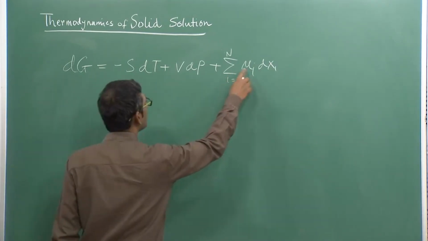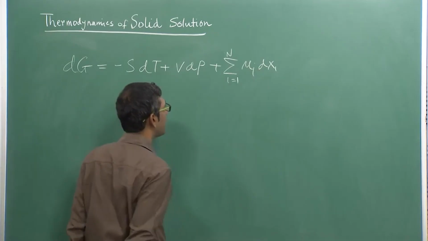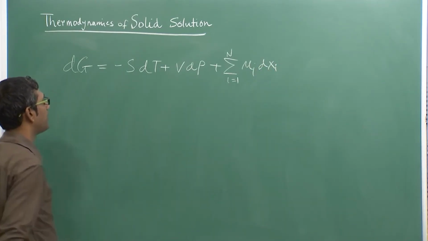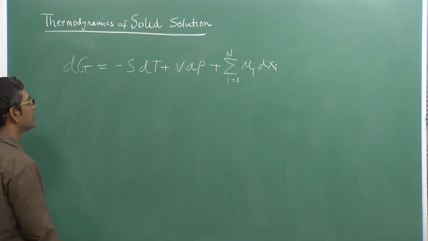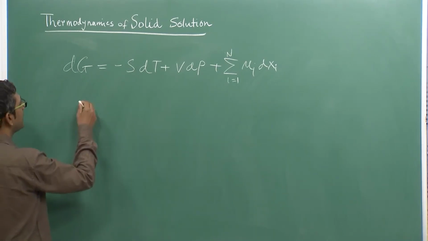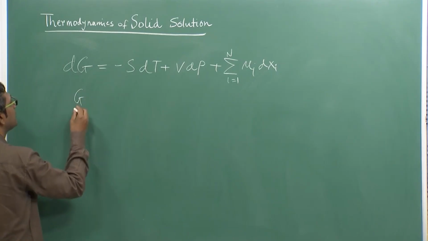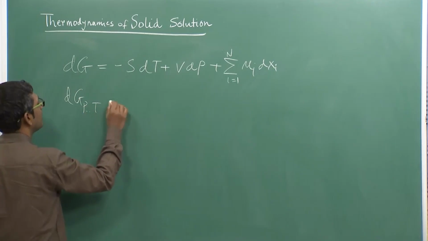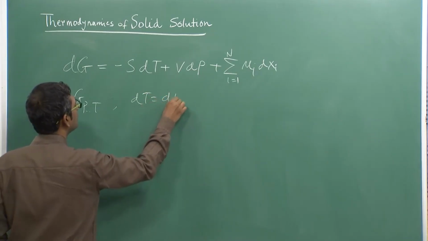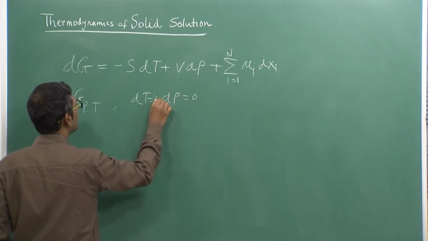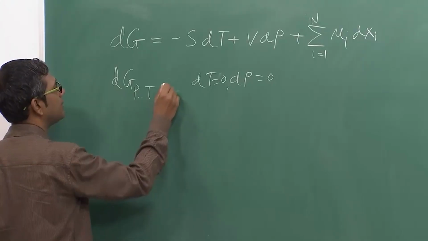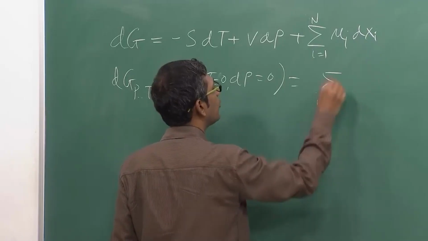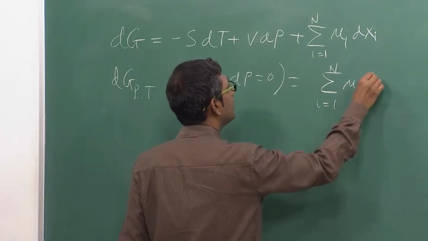That is the summation of the chemical potential multiplied by the mole fractions of the individual elements, summed from element 1 to element n. If I integrate these equations, at constant temperature and pressure, dT equal to 0 and dP equal to 0, therefore dG is equal to the summation over i from 1 to n of mu i dxi.